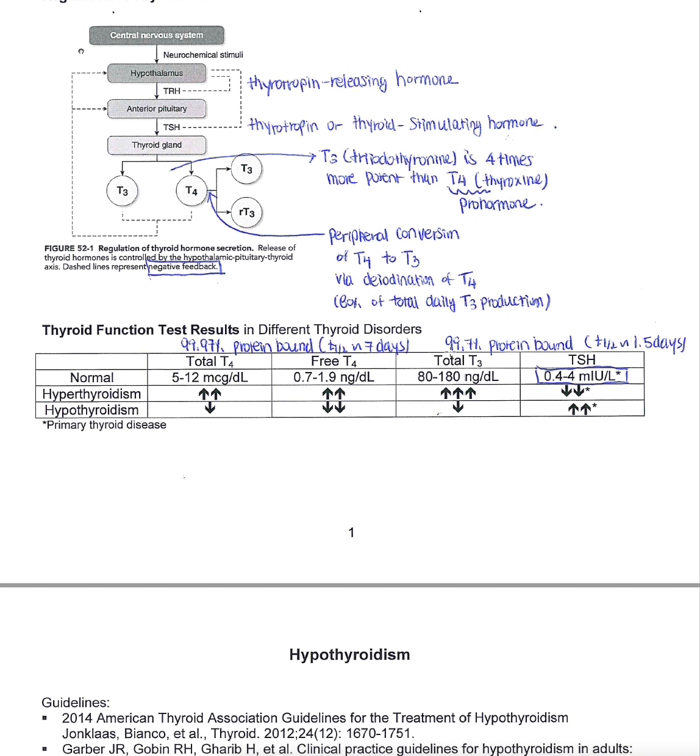The majority of T3 is also bound to protein, but not as tightly as T4, so its half-life is much shorter, about 1.5 days. We will come back to this because it leads to the duration of action and how often we give these drugs depending on their half-life.